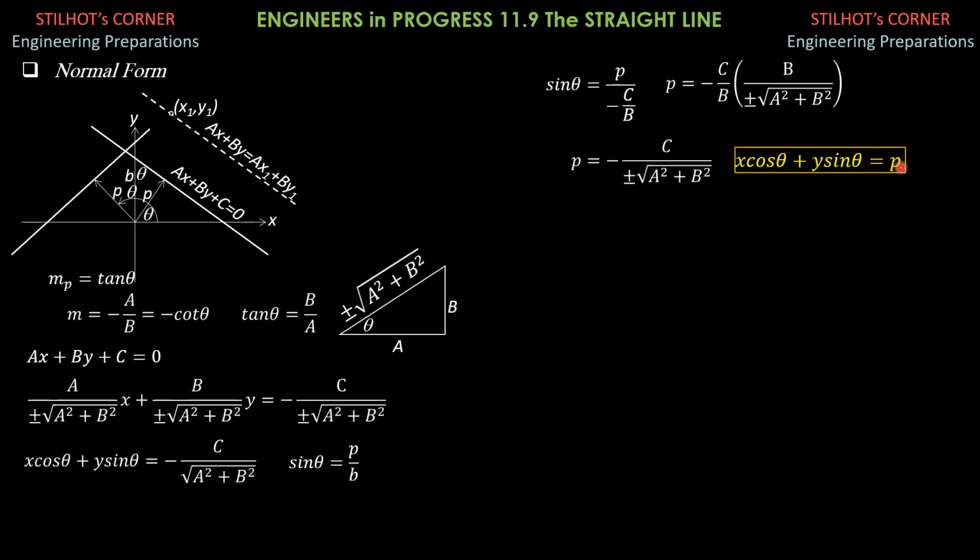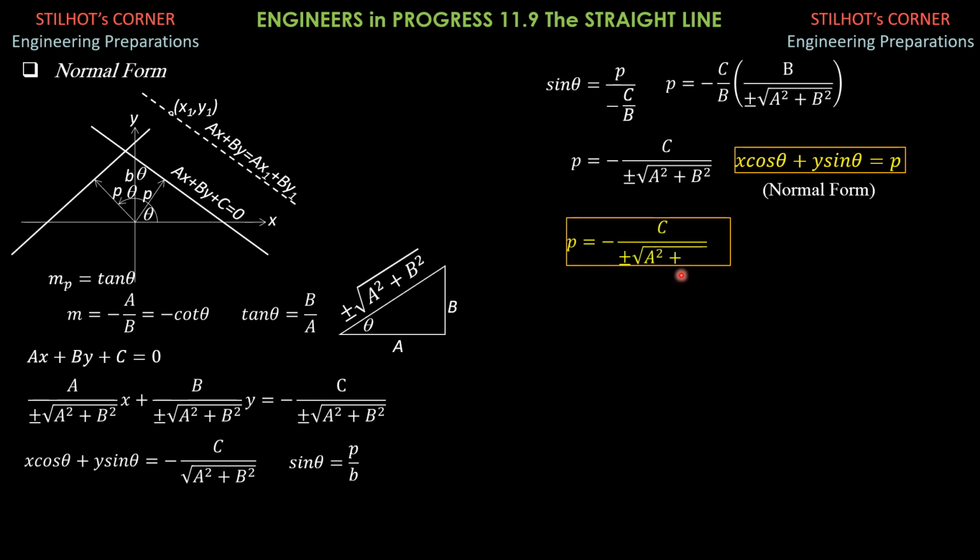So that you can easily recall this from the general equation, all you have to do is divide all terms from this general equation by plus minus square root of a squared plus b squared, transpose c to the right. We interpret this value at the right side as the distance of the line from the origin, or the distance of the origin from the line, and that is denoted by P. So that's the normal form of equation of a line, the fifth standard form of equation of a line.